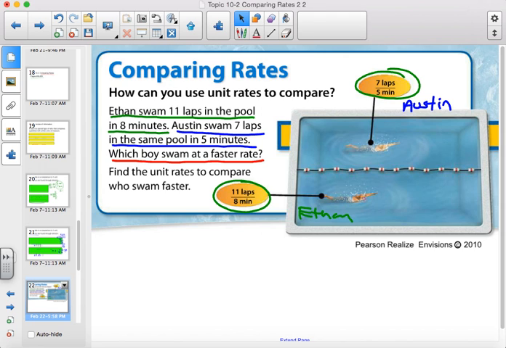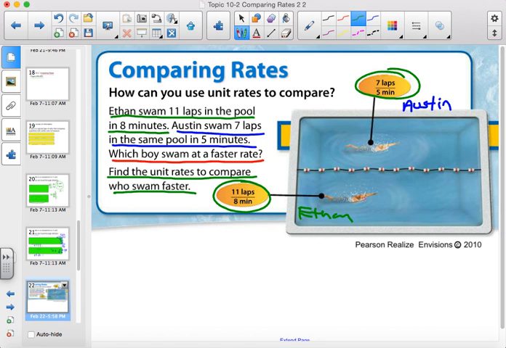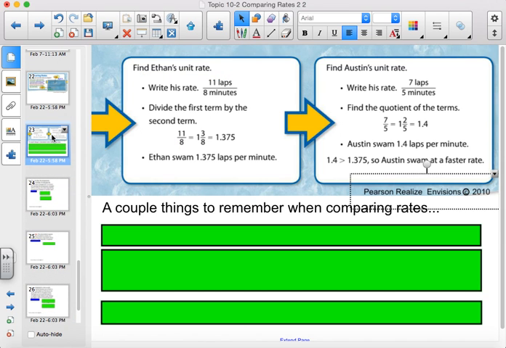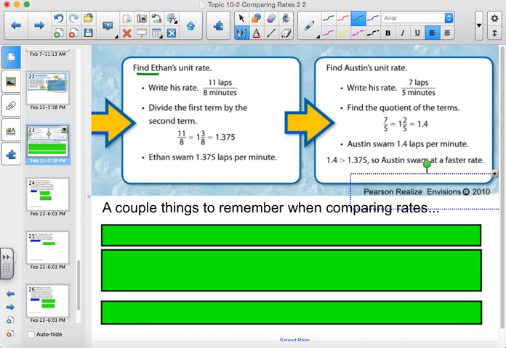In order to answer that question, what we need to do is find the unit rates to compare who swam faster. So then the book goes through pretty much what we just went over in our review. We find a unit rate for each one of the swimmers. We take Ethan's initial ratio of 11 laps to 8 minutes, and we divide the first term by the second term.